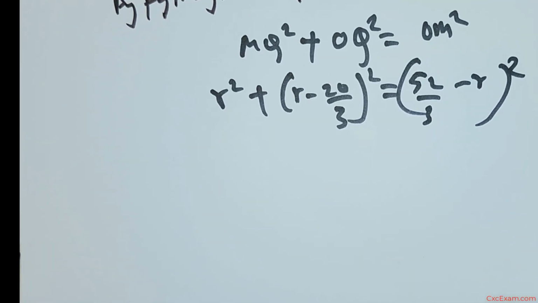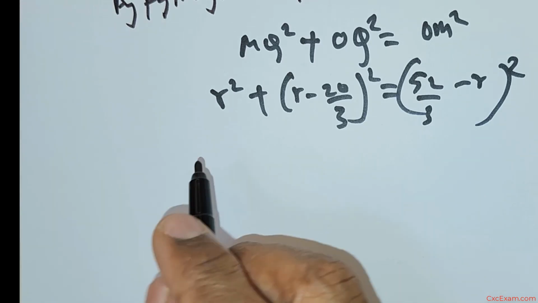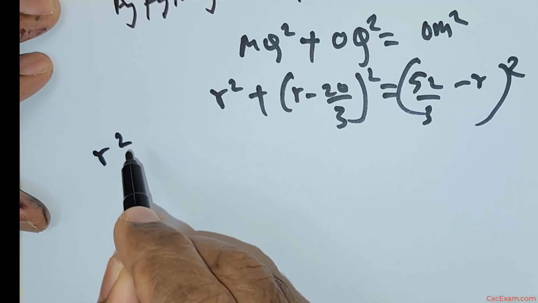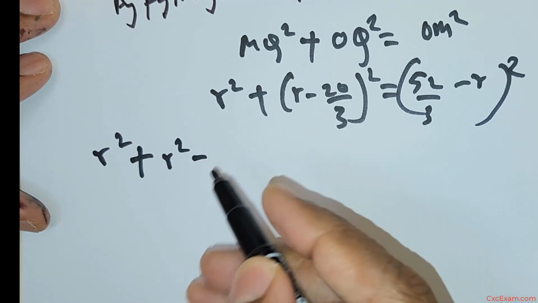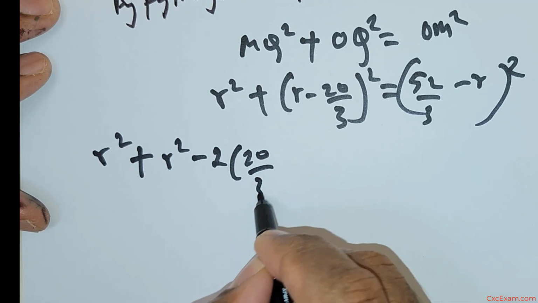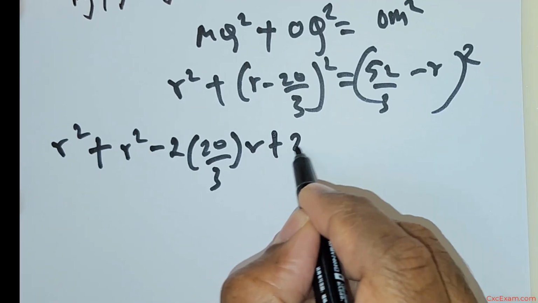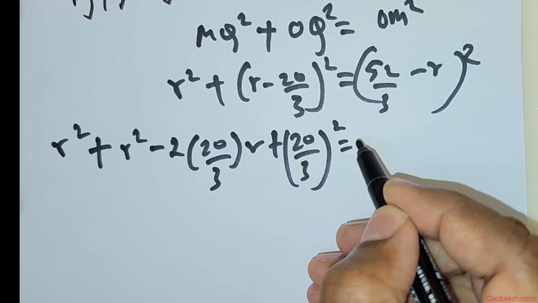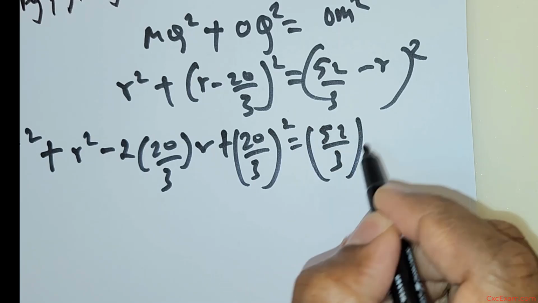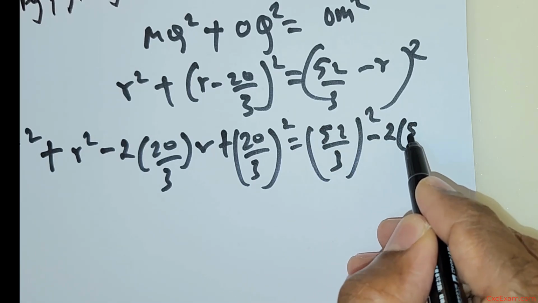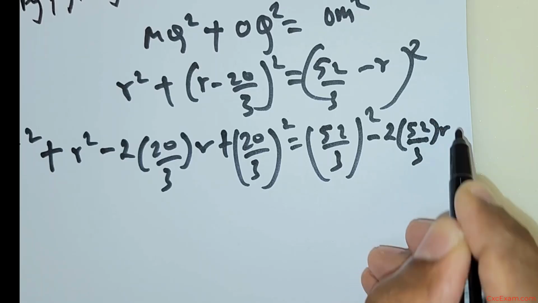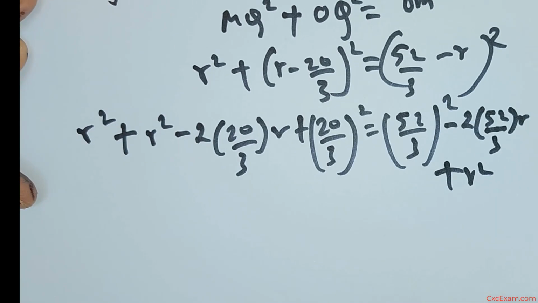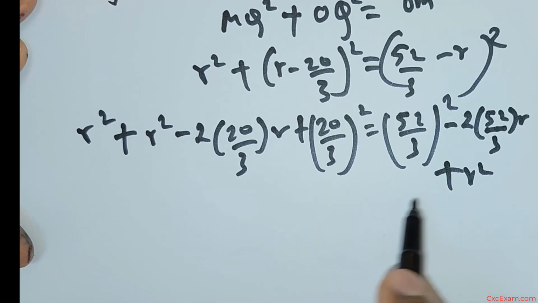So we will have to solve this, okay, to get R. So let me solve this. R squared plus R squared negative 2 into 20 over 3 times R positive 20 over 3 the whole square is equal to 52 over 3 the whole square negative 2 times 52 over 3 times R plus R squared. So this is the system that we have got.